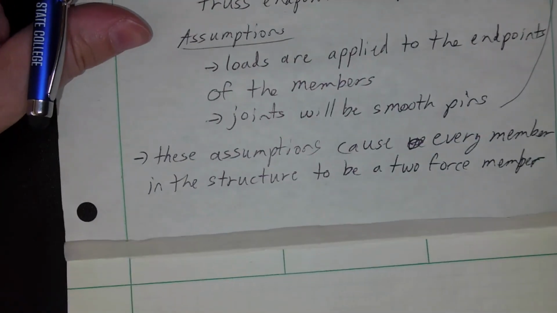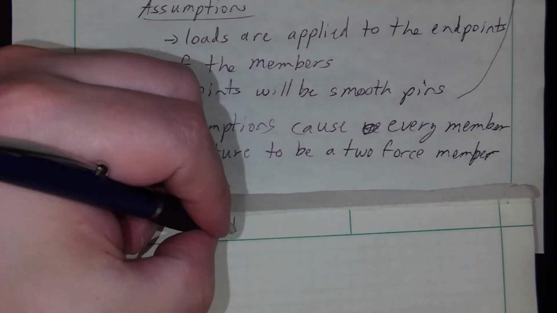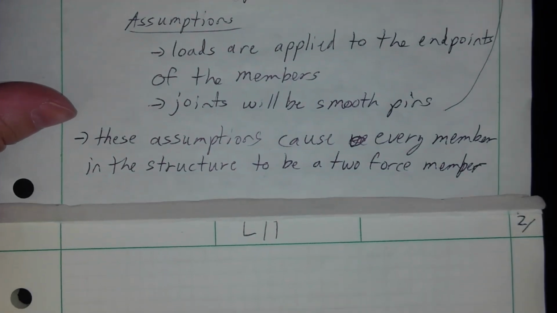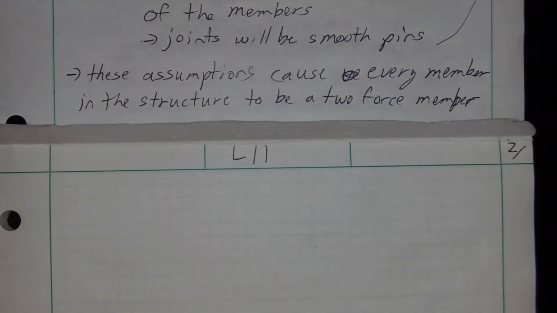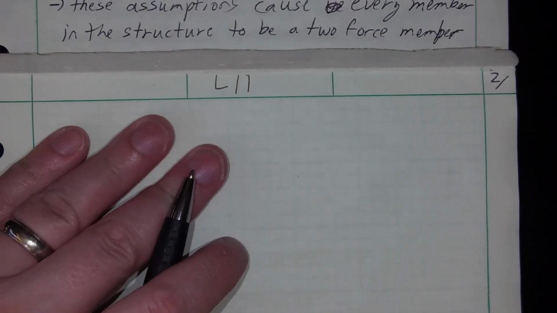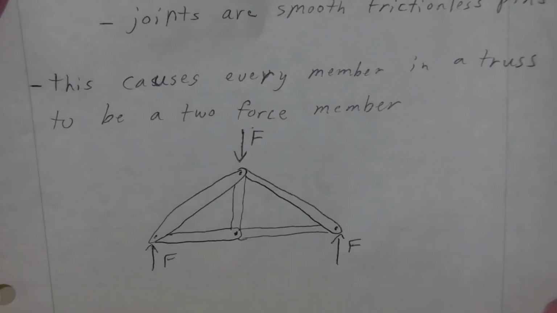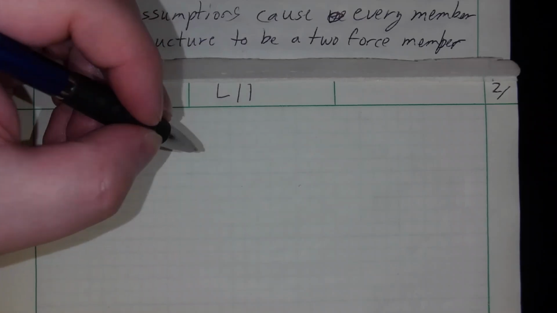We need to start a second page. Okay, so each member is going to be a two-force member. Let's just look at a truss, or something like a truss here. I'm going to draw something like this: a triangular structure with a bunch of overlapping members.